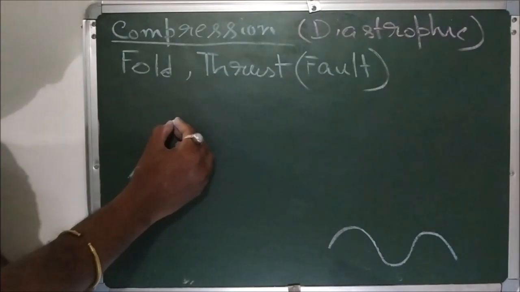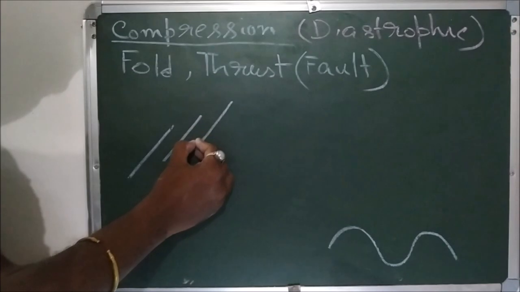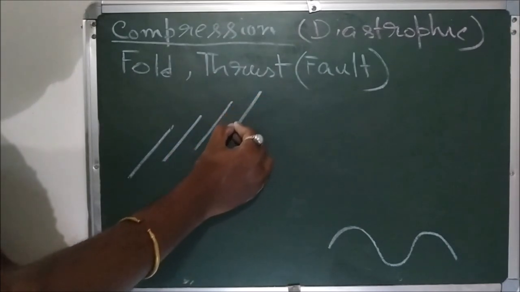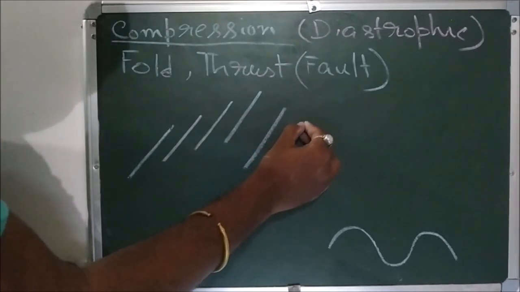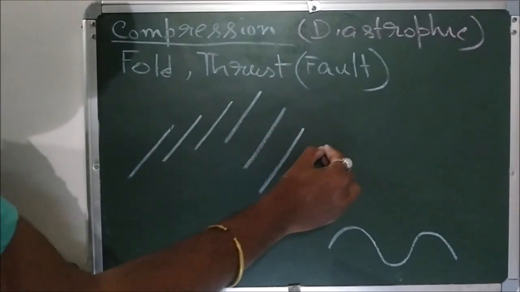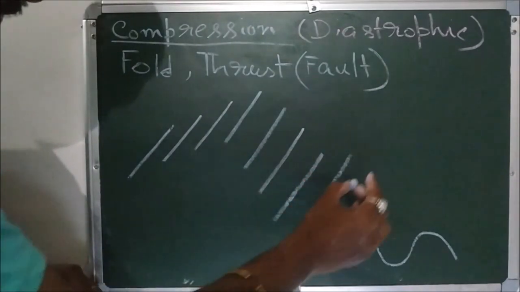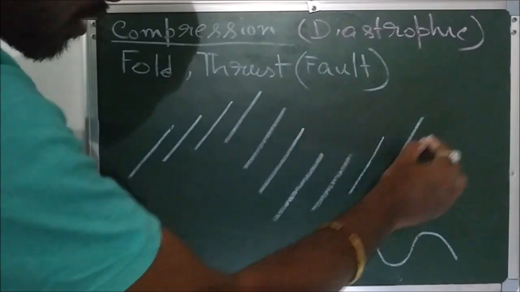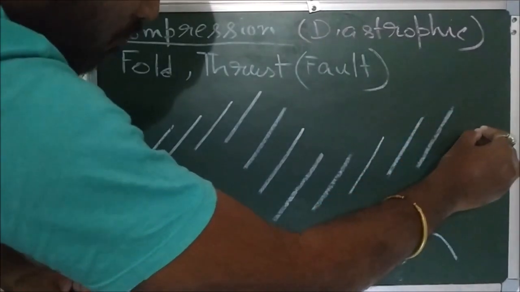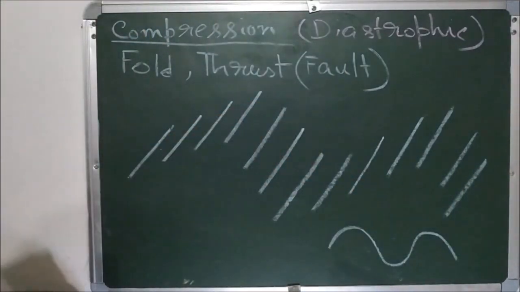Means if we move this line here, then here, then here, then here, then here, then here, then here, then here, parallel to itself. If we move this line, they are parallel.